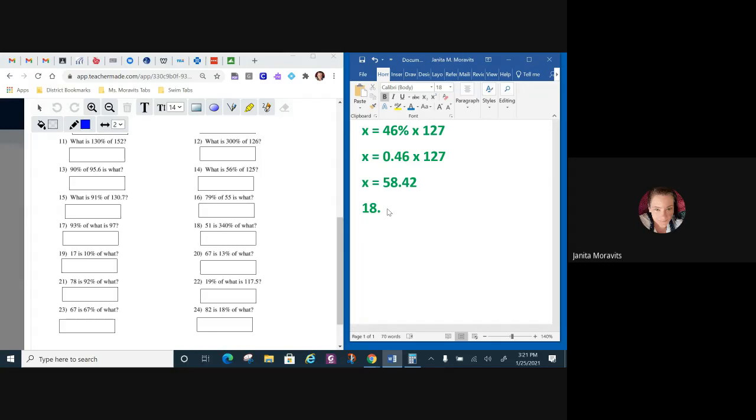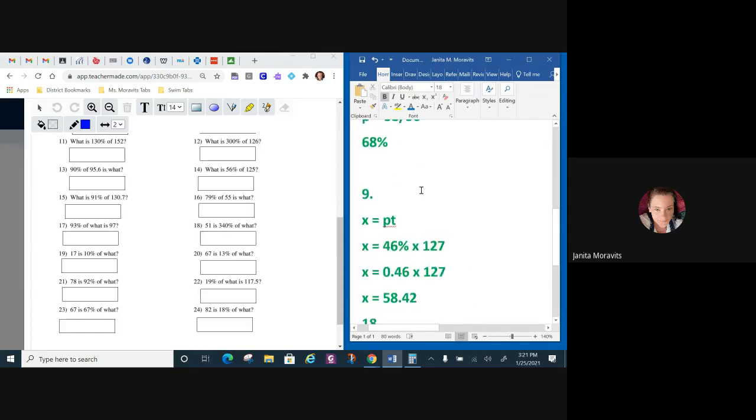Number 18 says 51 is 340% of what? So we have 51 equals 340% of, and it would be our total. We don't know what that is.